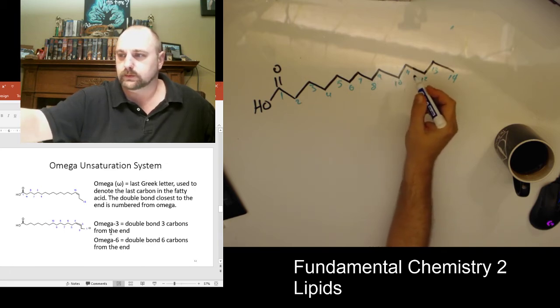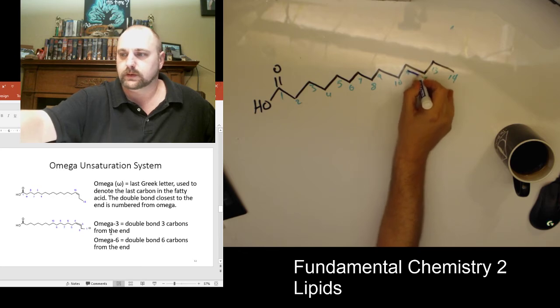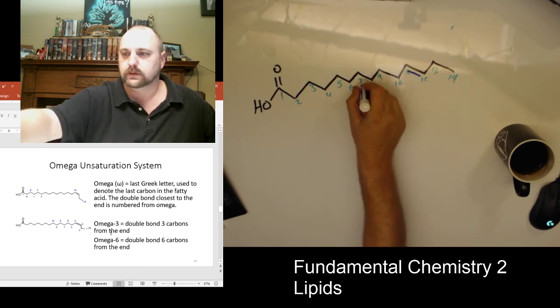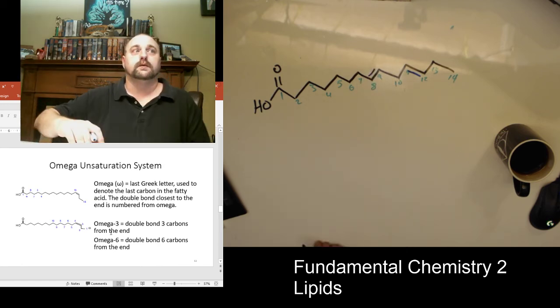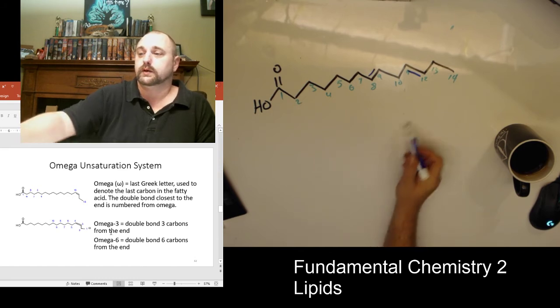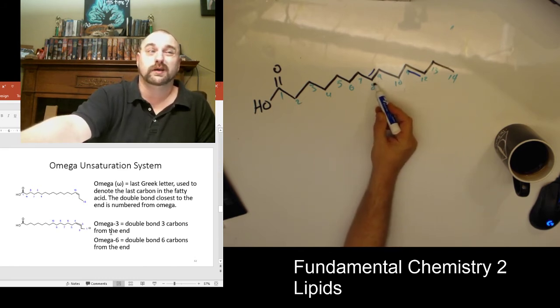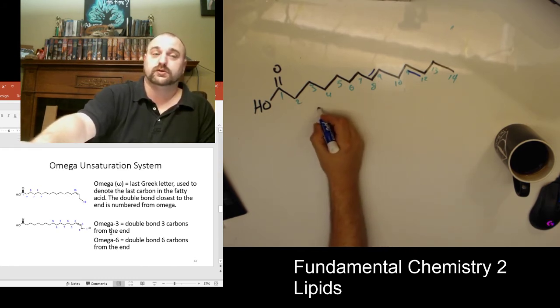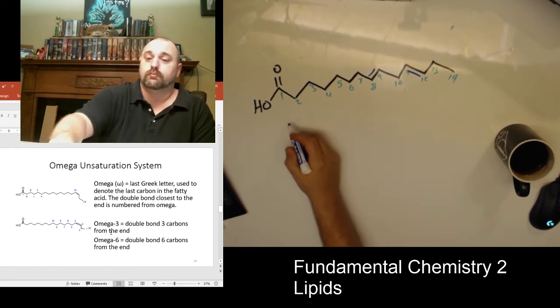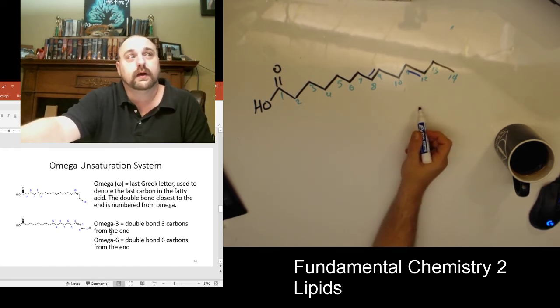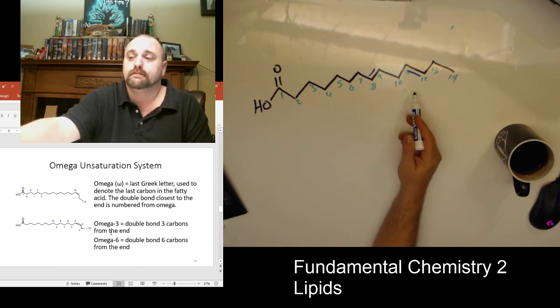So if I do that, this would be an omega-3 and an omega-6. Now here's the problem. This one's trans, so it'd be bad for you. All right, so with this omega system, you can classify them even if they're polyunsaturated.